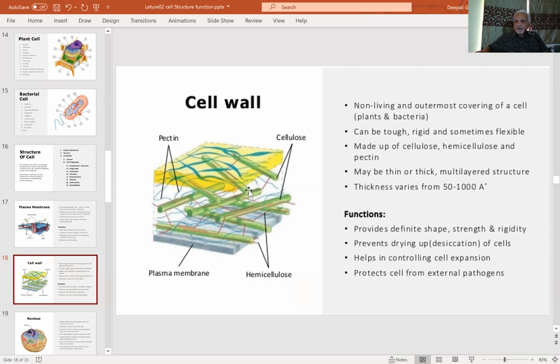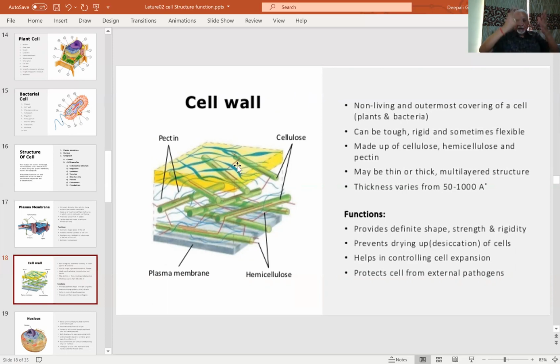So they organize themselves. The function of cell wall in plant cell is basically that it gives rigidity to the cell. Now, rigidity is important. Plants do not have a skeletal system, which gives shape in animals.